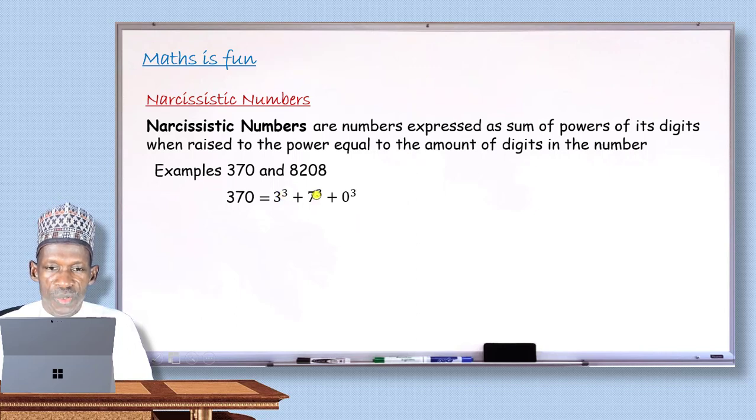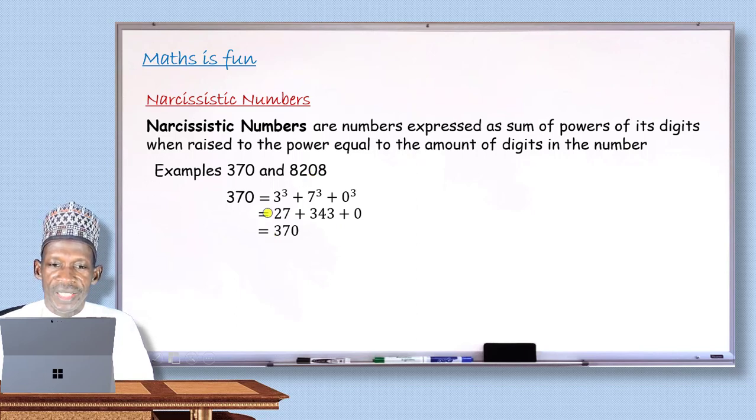So evaluating this result, if you add, it will give you this number back, 370. So 3 raised to 3 will be 27. 7 raised to 3 is 343, and 0 raised to the power of 3 will be 0. Addition of 27 and 343 will give you the number back, 370.